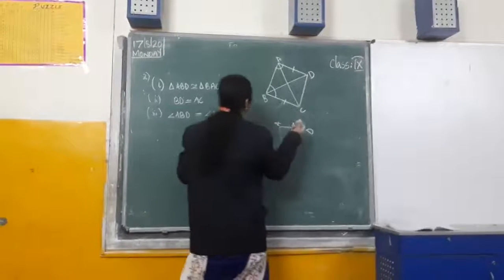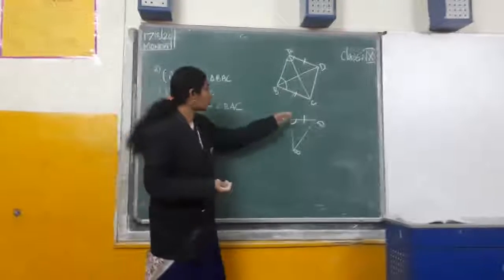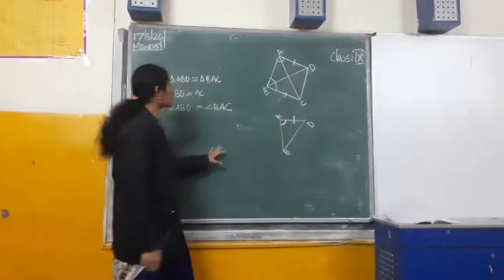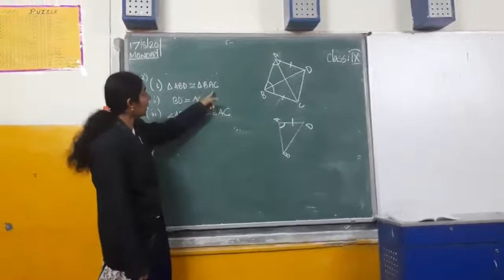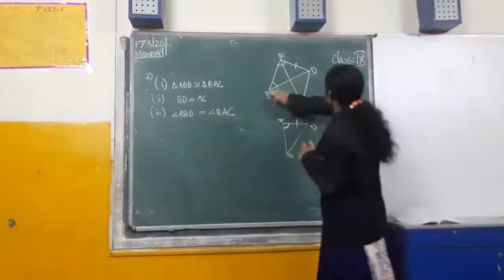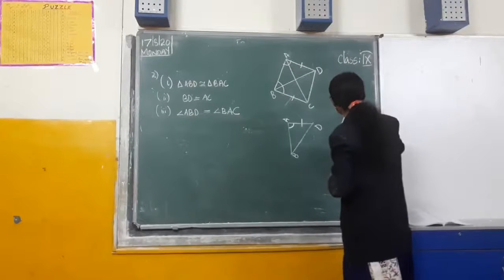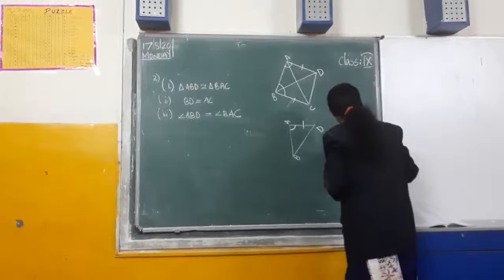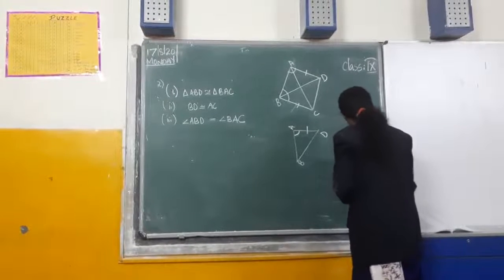Show the symbols they have given, for angles and sides. You should draw them too. And then the second triangle, BAC. See now, BAC. Draw the triangle.